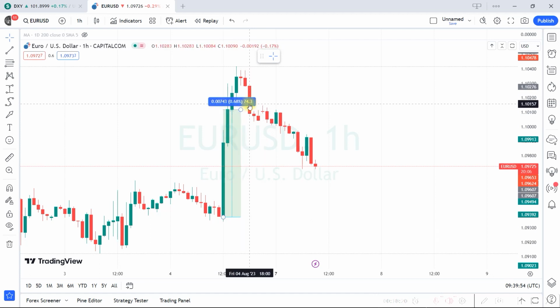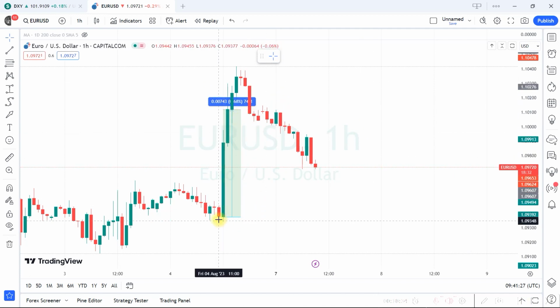I don't know if that's 74 pips or 743 pips, I don't know how you measure that. Anyway, let's just call that 74. So this is 74 pips from the hour of the NFP till the close of the next hour. That move is 74 pips.